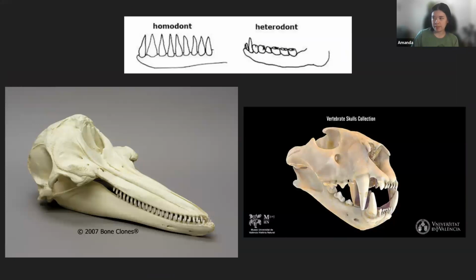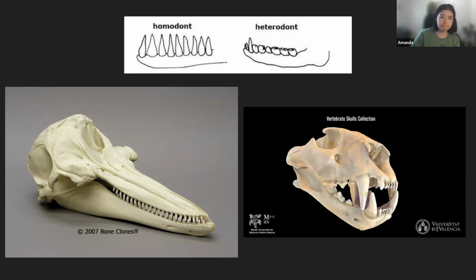Further, animals with teeth can be considered either homodonts or heterodonts. So either they have a set of teeth where all the teeth are the same, homodonts, like our dolphin over here, or they show some kind of variation, they're heterodonts.